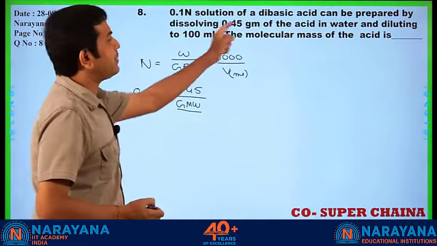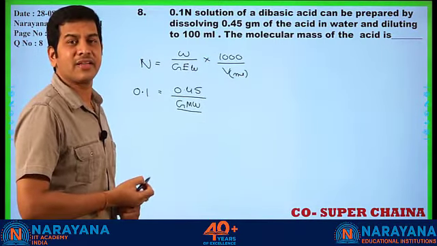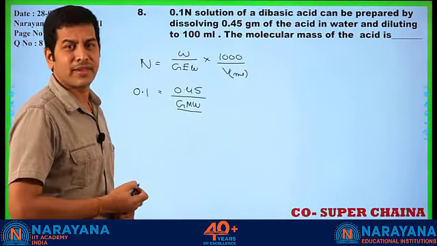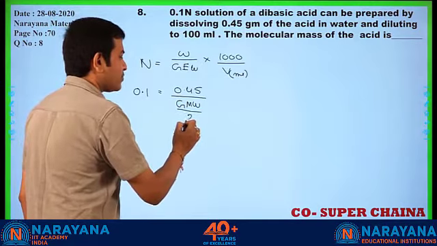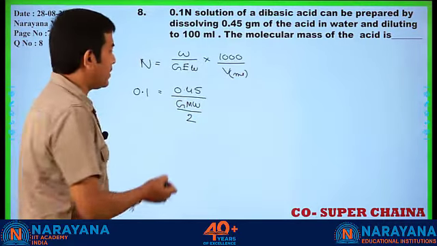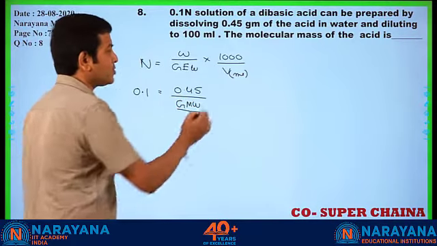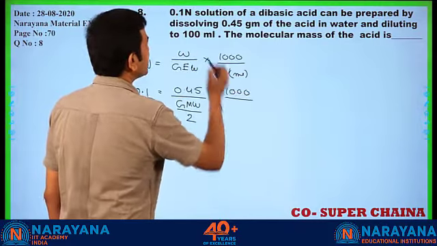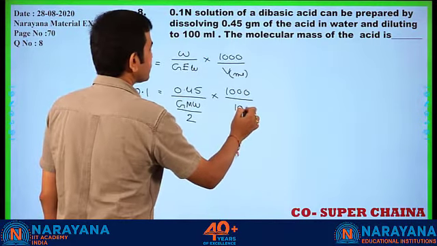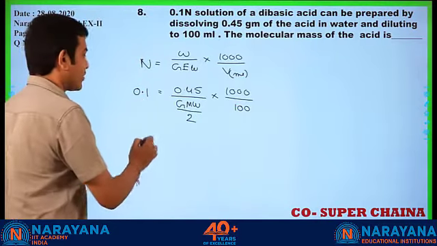It is given as a dibasic acid, that's why its valency is 2. Its basicity is 2. Okay? So gram equivalent weight is gram molecular weight by 2, into 1000 by volume, which is given as 100. Now calculate the molecular weight.